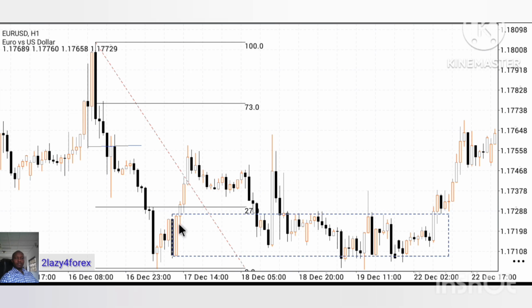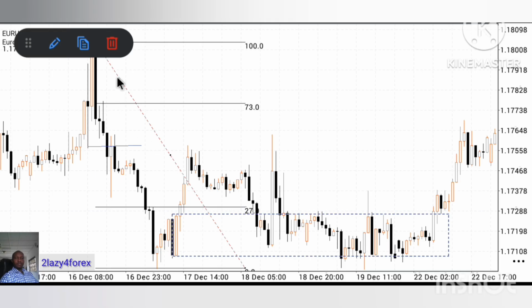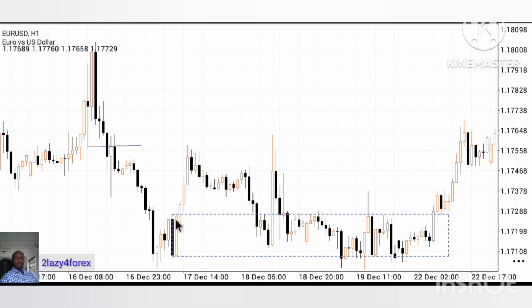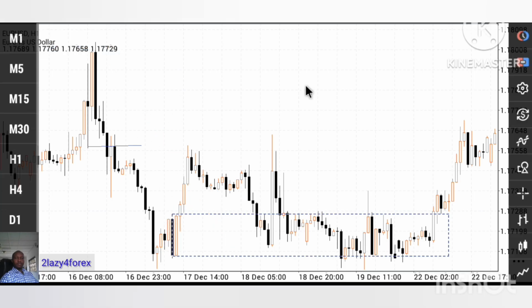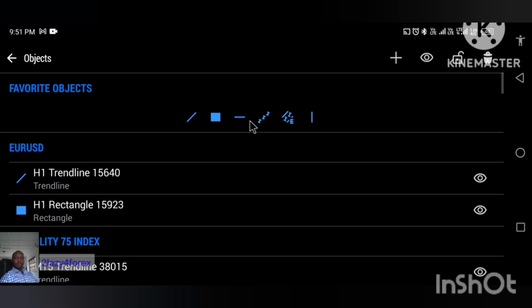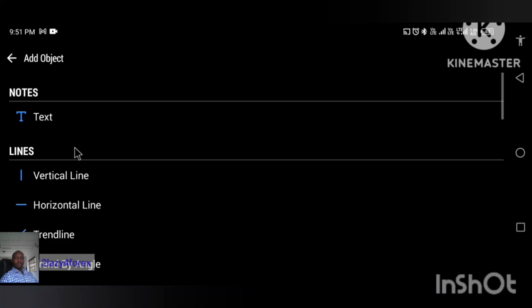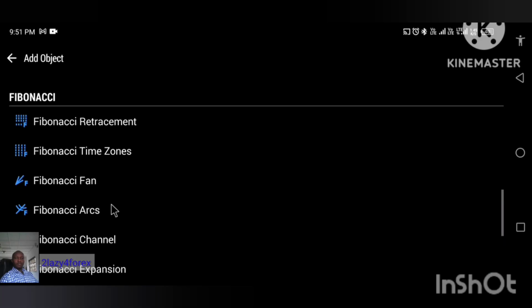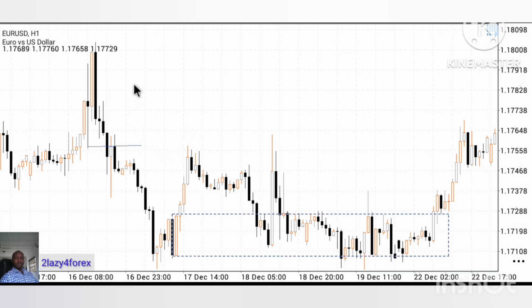Now I know you'll be saying, okay, I said something like there has to be a higher high. Let me remove the fibs. Like I said there has to, let me put it back because of the explanation I'm trying to make. Here's the fibs. We need that fibs back. Okay, let's put the fibs back.